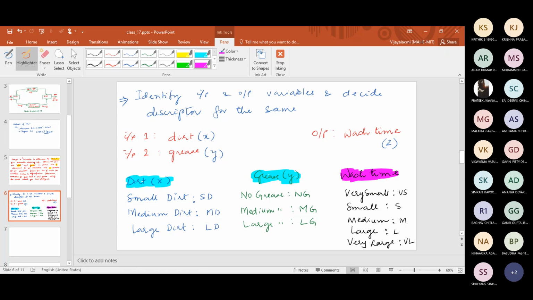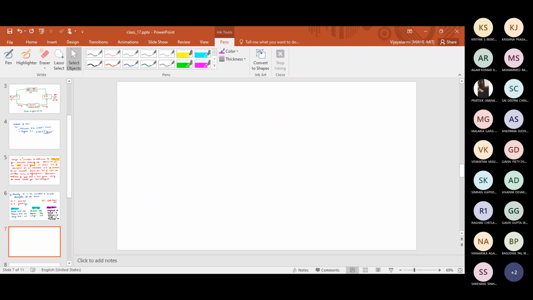Now coming to the second part. We develop the membership function now. This is the second step, so let us go for the membership function design. Let me use triangular membership.